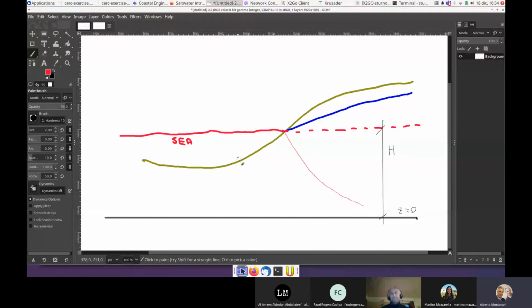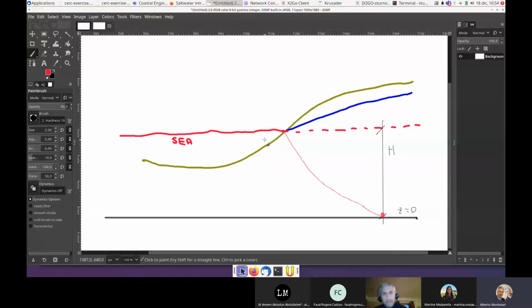And now let's refer to this fluid particle here. Perfect. So what is the pressure of salt water on this fluid particle?